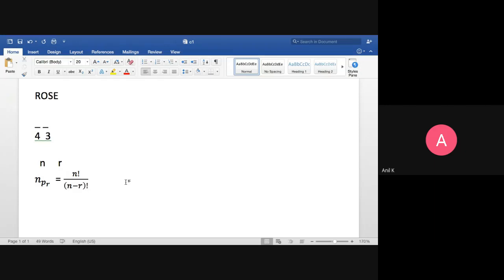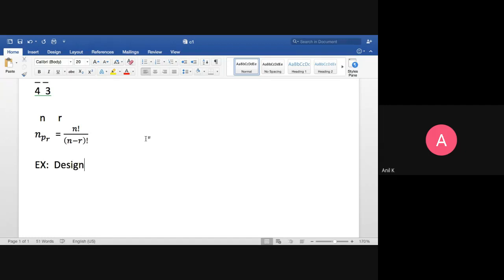So how is this exactly defined? To understand this formula and how it is derived, let me take one example. Can you give me any one English word? Okay, DESIGN.